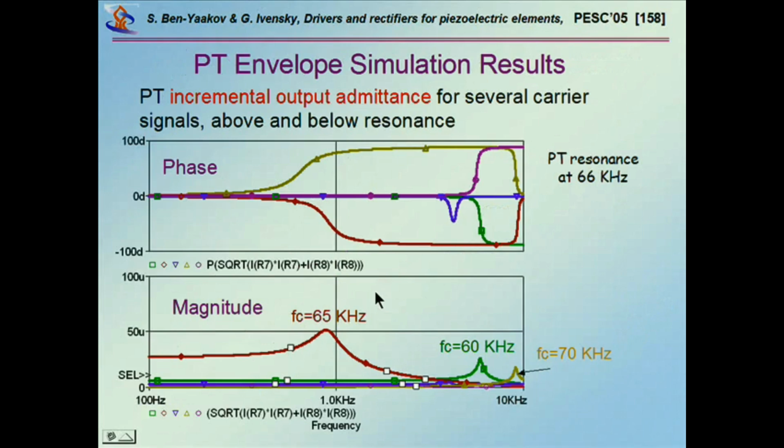And here is a typical result that you get. What do we see here? This is the phase and magnitude of the incremental admittance of a piezoelectric transformer.